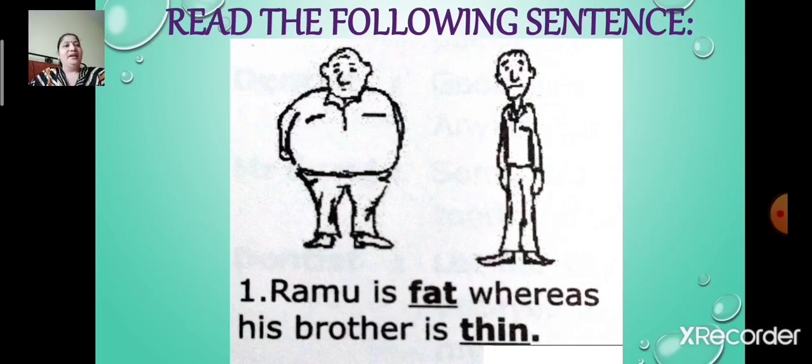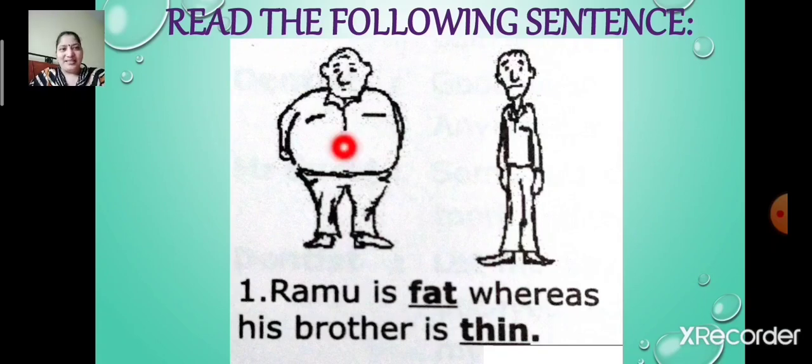Now, read the following sentence. Ramu is fat, whereas his brother is thin. So, children, the underlined words fat and thin are opposite words.